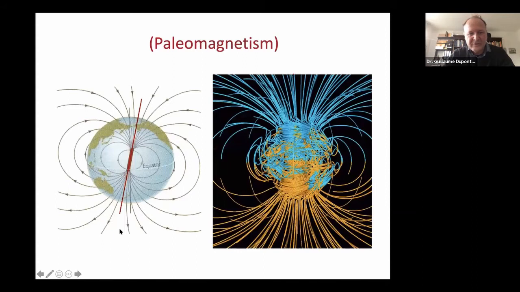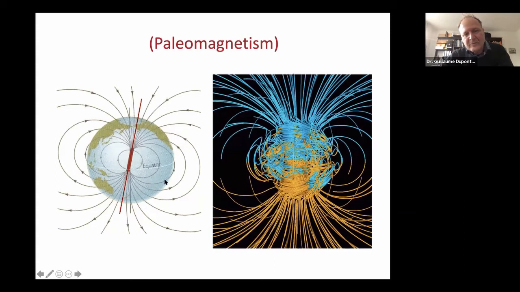Okay, so this is what the magnetic field of the Earth looks like. It's similar to a magnet with these magnetic lines here. This is just a computer simulation of the magnetic field.